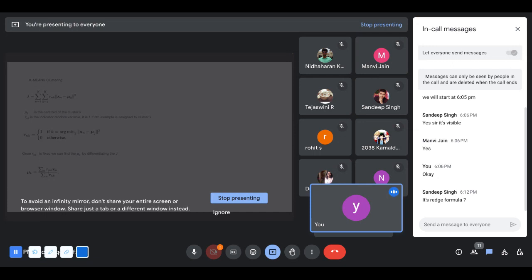It is very simple. R_nk takes values of 1 and 0, so for cluster K, you are just computing the average of all the points that are assigned to cluster K. That's where the name mean comes from. So, the K-means algorithm.